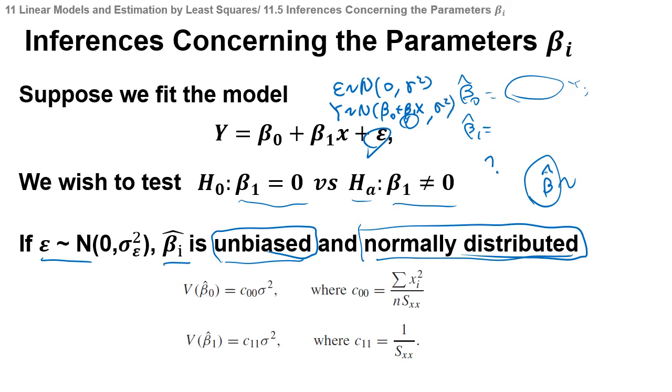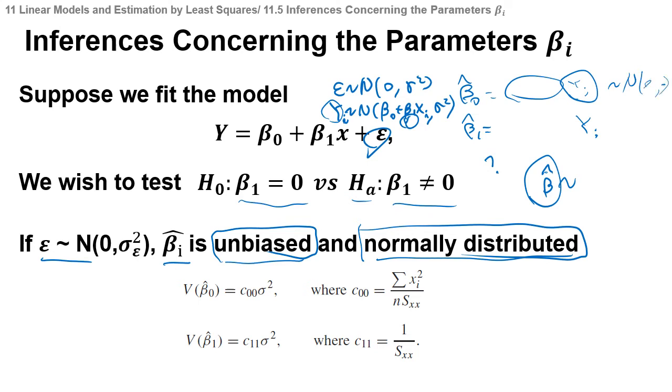So the y variable yi also follows a normal distribution, and we can show that beta 0 hat and beta 1 hat are linear combinations of yi's. The distribution of beta 0 hat and beta 1 hat is also a normal distribution with some mean and some variance.